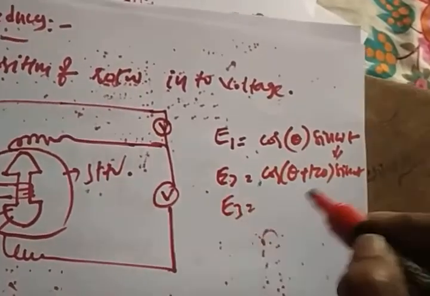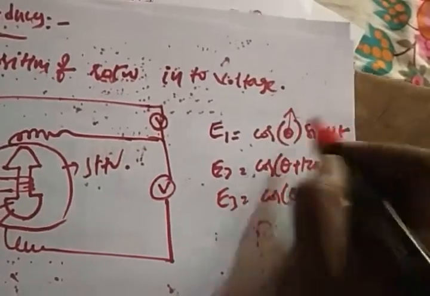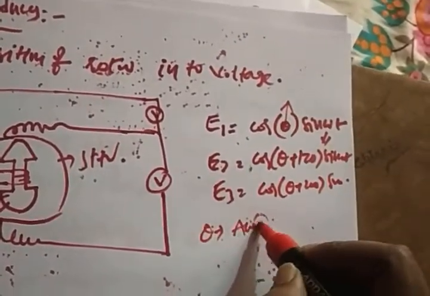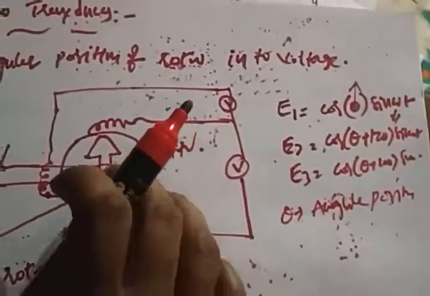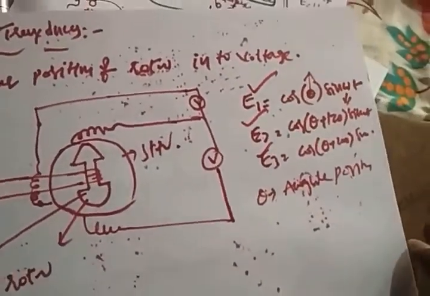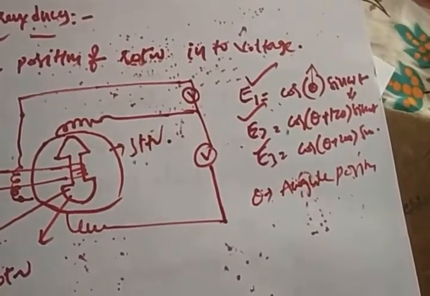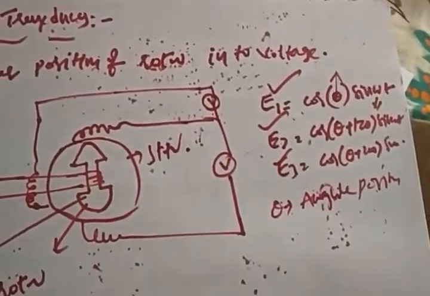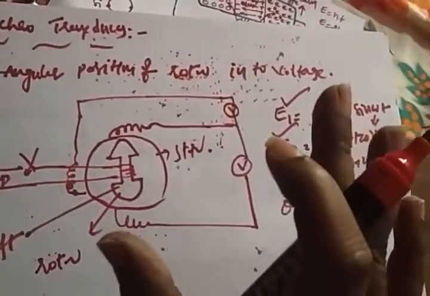E3 is cos of theta plus 240 degrees into sine omega t, where theta is the angular position. If you vary the angular position of the rotor, definitely the EMF will be different. So whatever angular position you apply to the rotor is converted to voltage. It's like a synchro sensor. That is the synchro transducer.